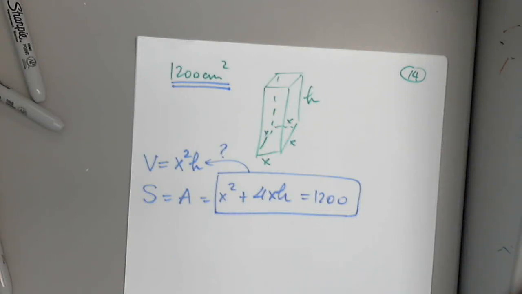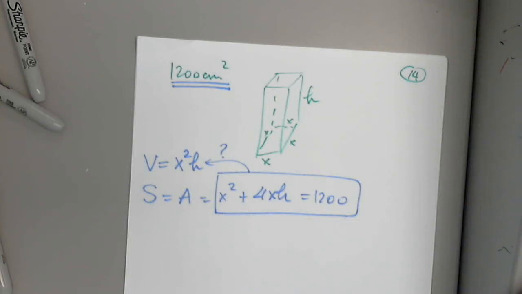That's the volume. Now the question is, what is the area of the box? I have this, which is x times x, which is x squared. But this piece is x times h, and this piece is x times h, and this piece is x times h, and this piece is x times h. There are 4, and all 4 have the same area because the base is a square.